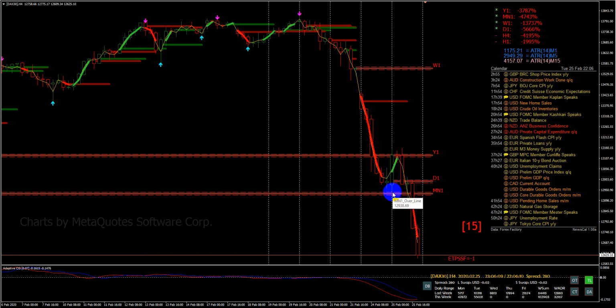And at this level, it bounced off and retested again the annual pivot.